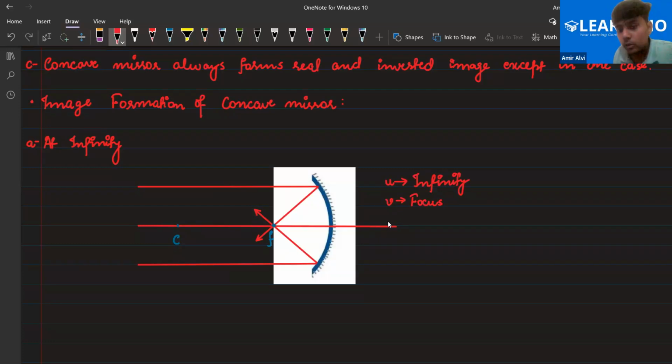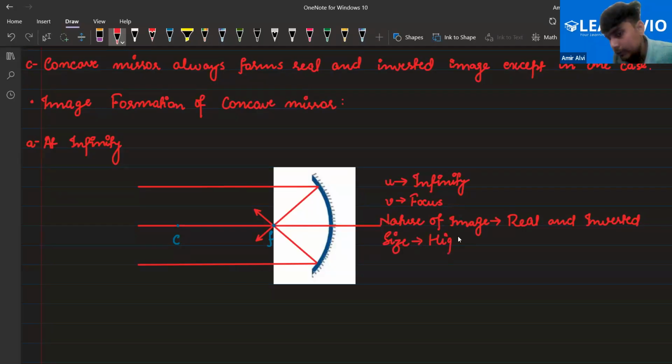And if we talk about the nature of the image, I've told you that the nature of the image will be real and inverted, because it always forms real and inverted. And if we talk about the size, it would be highly diminished, means point size.